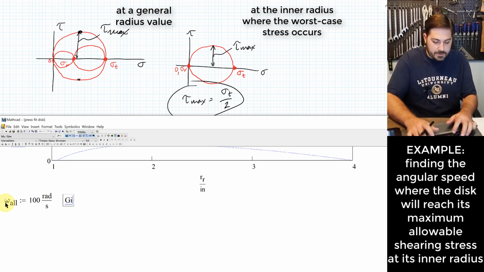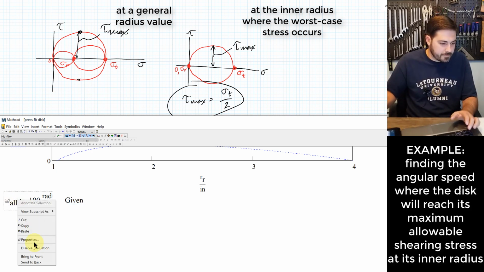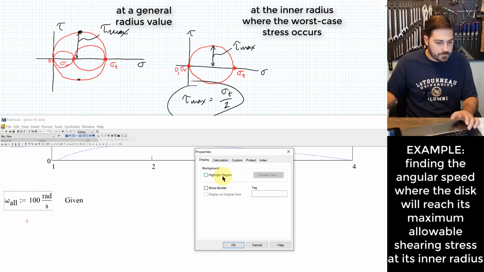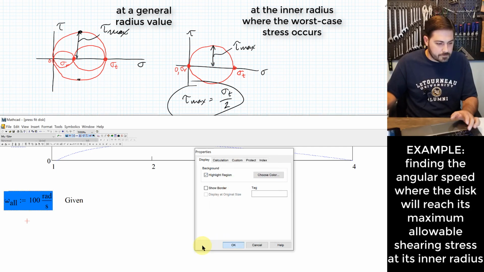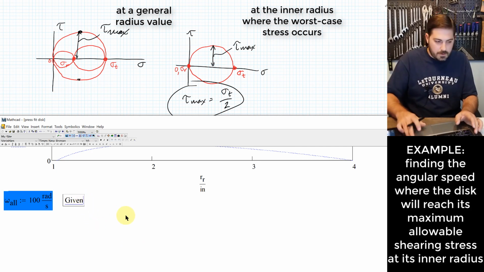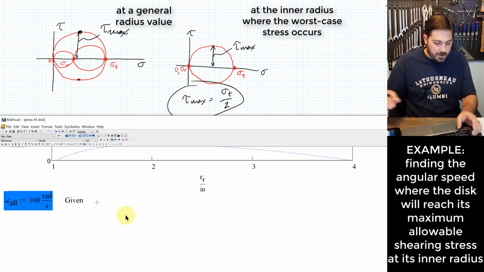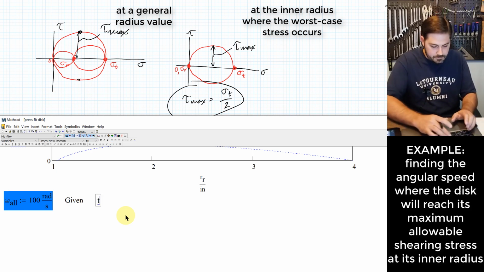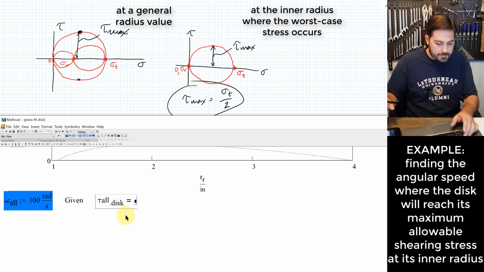Then I type given. Set up a little solve block right here. And what I'm going to say here is that my allowable stress for the disk is going to be equal to my tangential stress.